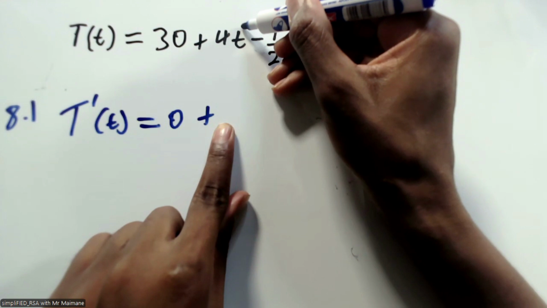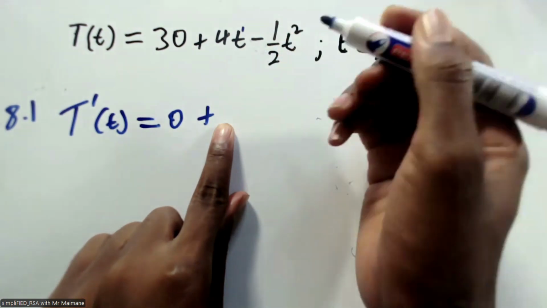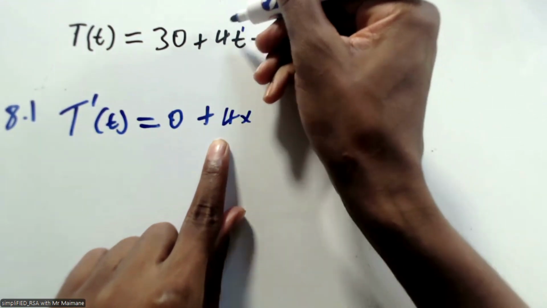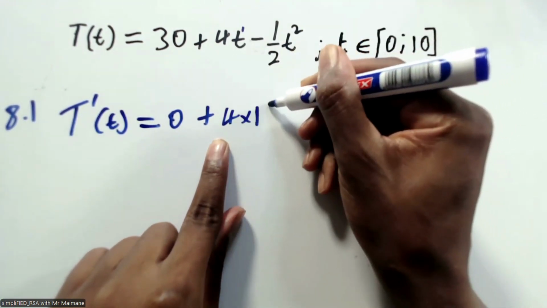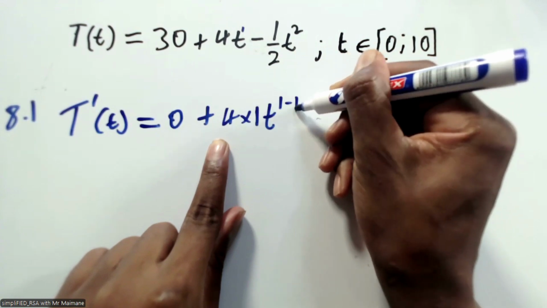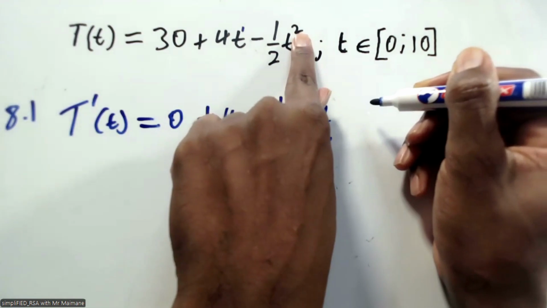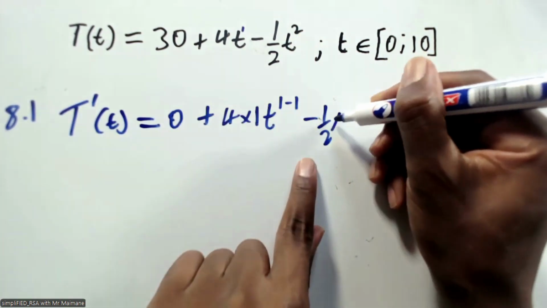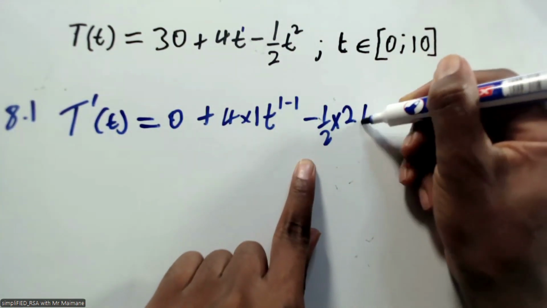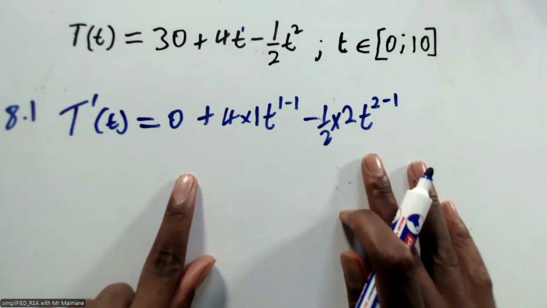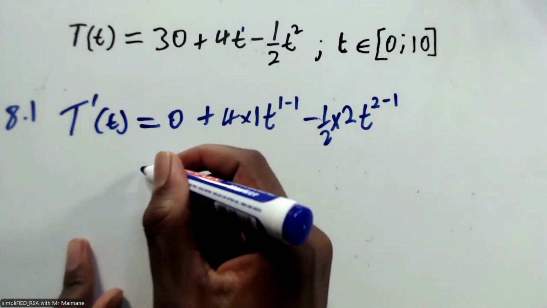I know that t is to the exponent 1, so if I apply differentiation here, I would have 4 times 1 into t to the 1 minus 1, minus 1 over 2 times 2 into t to the 2 minus 1. That is me differentiating, and then I can simplify this.